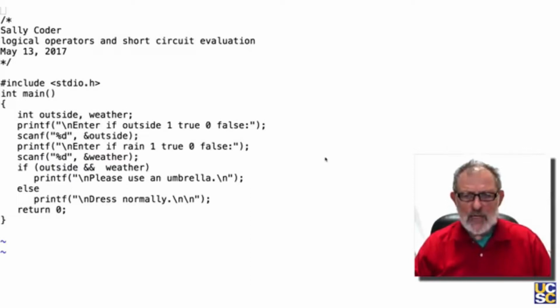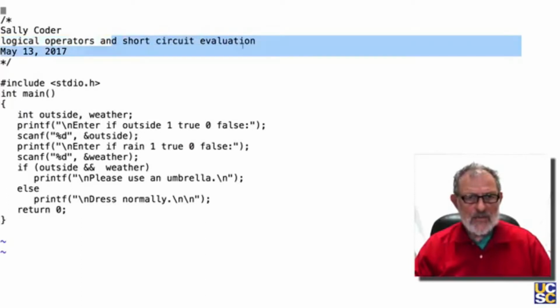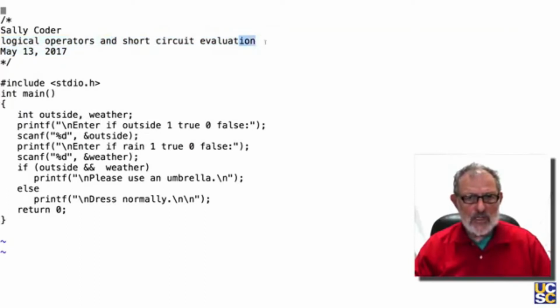The kind of expression we will test for is a logical AND expression. So you'll see in the heading here, this program is about logical operators and, to understand them properly, short circuit evaluation.